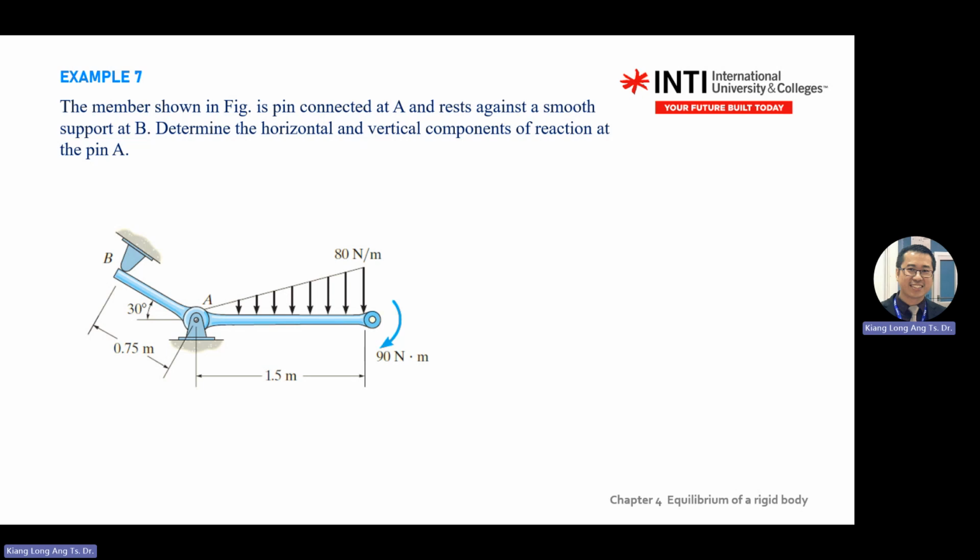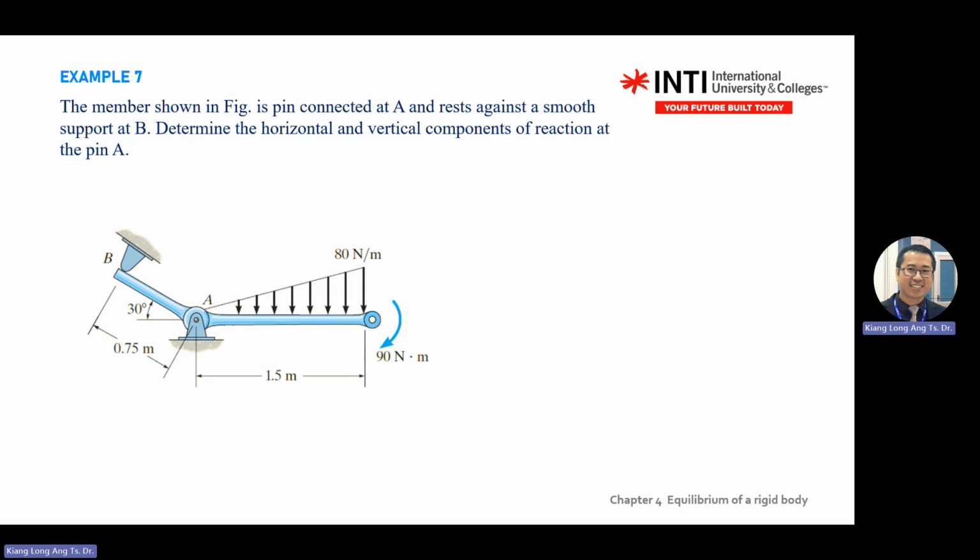So in this case, you know that the question asks you pin A. So the distance to this force will be 2/3 distance. 2/3 L. This is the L. Detail of this one also in appendix. Go and download and read.